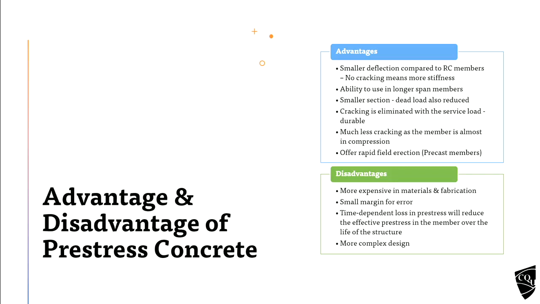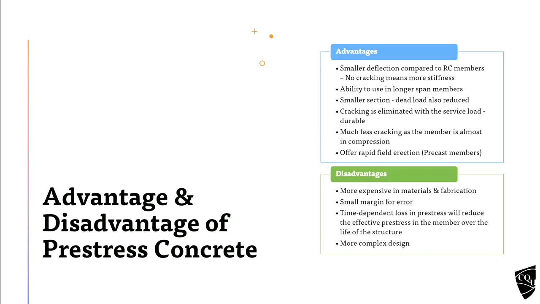The construction cost is much higher compared to RC, because we need to apply some compressive force to the beam. We'll see how to apply that, but application of compression force costs money. The compressive force we need to apply is not 2 kilonewton or 3 kilonewton.